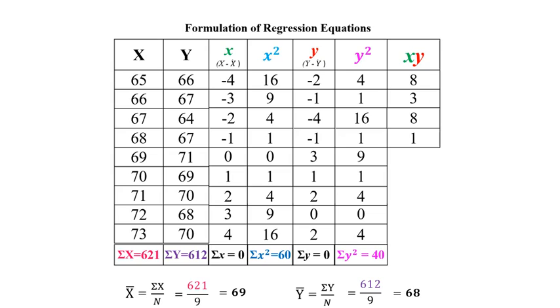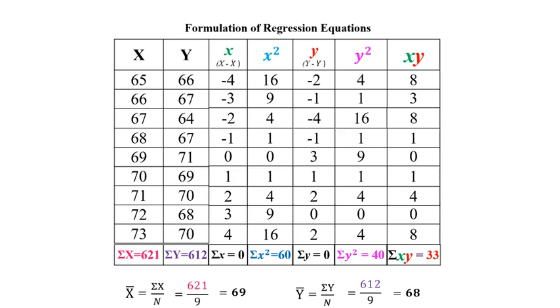Minus 1 into minus 1, plus 1. 0 into 3, 0. 1 into 1, 1. 2 into 2, 4. 3 into 0, 0. 4 into 2, 8. So add them up to find out summation of x into y. It will be 33.